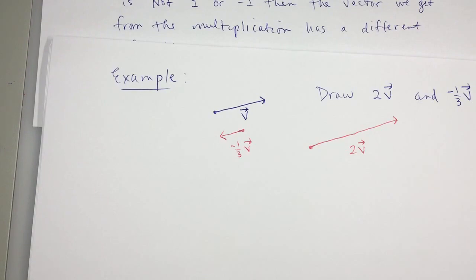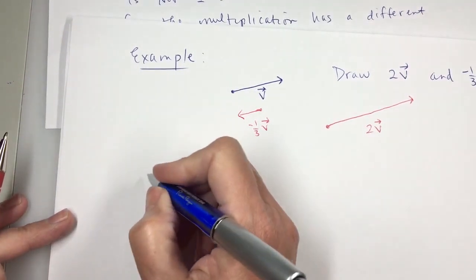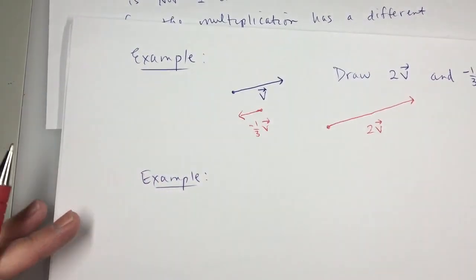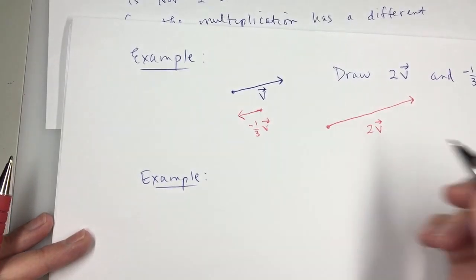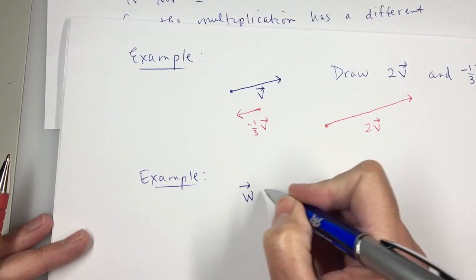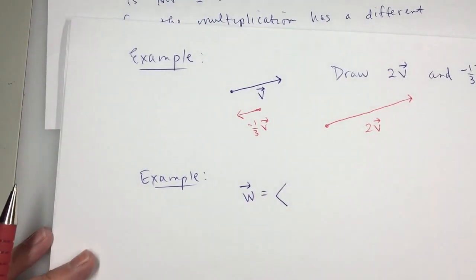If I want to do one algebraically, here's an example. Here's a vector. Let's call this one W, just to be different. W is this vector with these components.